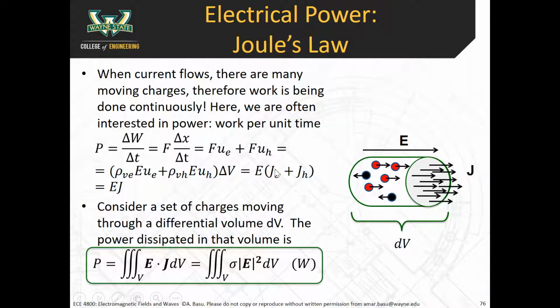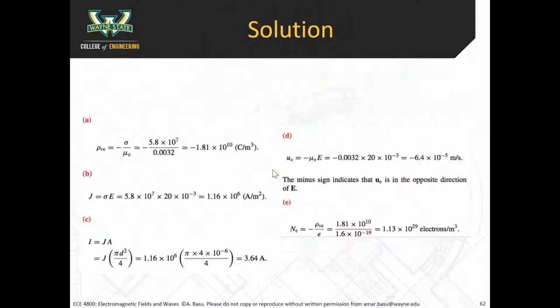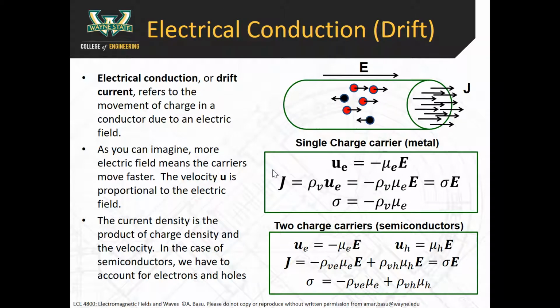Charge times the velocity at which it's moving is the definition of current density. Remember, in the earlier slide we said current density is equal to charge density times the speed at which they're moving. That's the definition of current density.